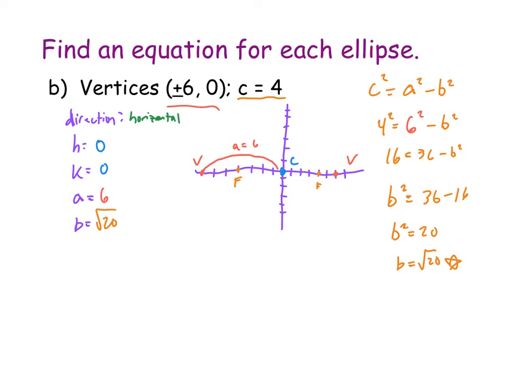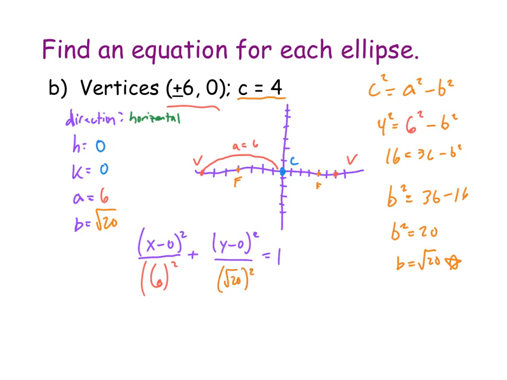So again, horizontal, so that's going to be (x minus 0), so that's h, squared over something, (y minus k), which is 0, squared over something, equals 1. And since it's horizontal, a is going to go under x, so 6 squared, and then b would go under y.